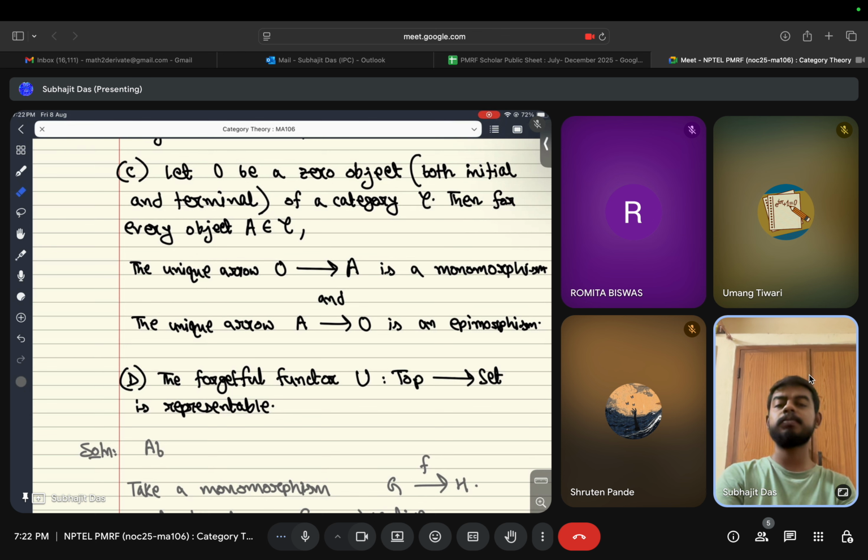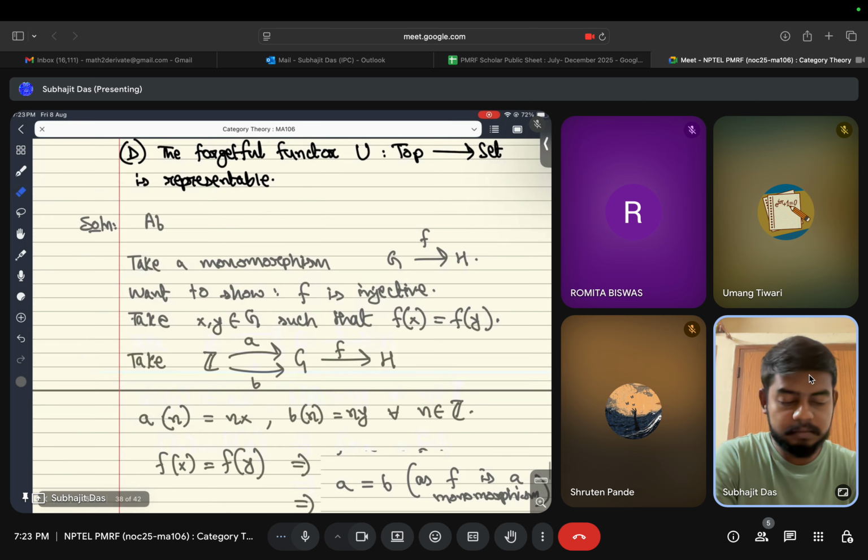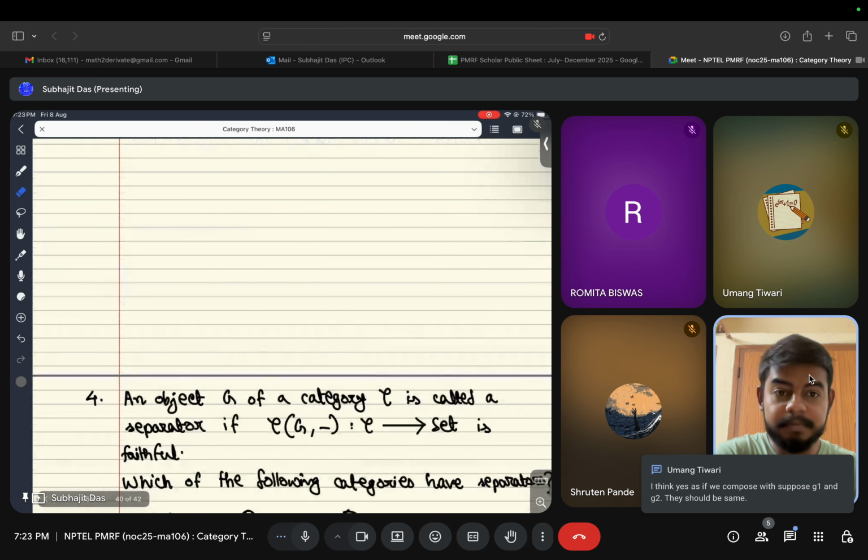If you want to show that this is a monomorphism, what do you need to show? That if you take an arbitrary object C together with arrows P and Q from C to 0, such that the composites are equal, then the two arrows must be equal. Is this not vacuously satisfied?